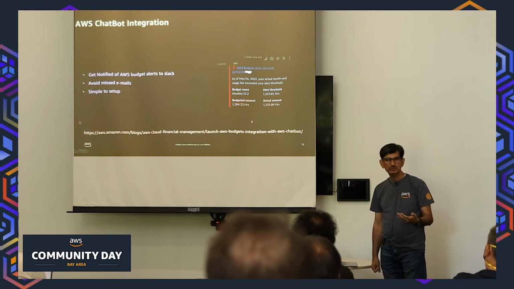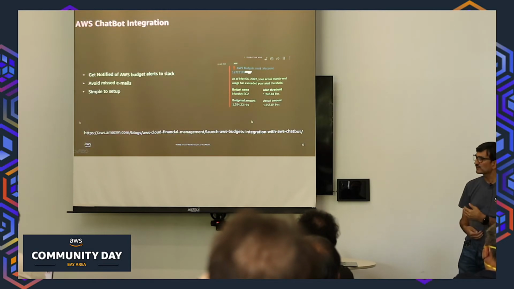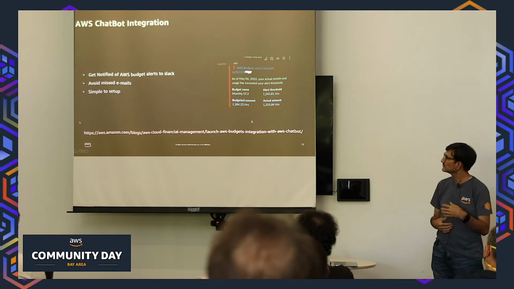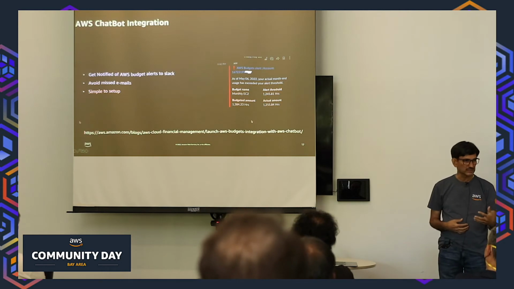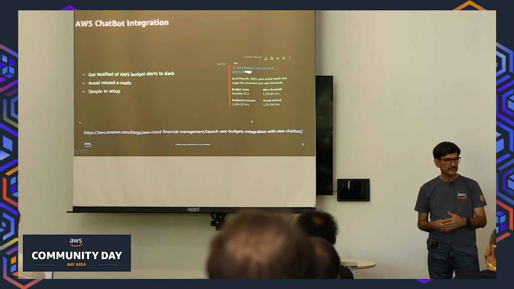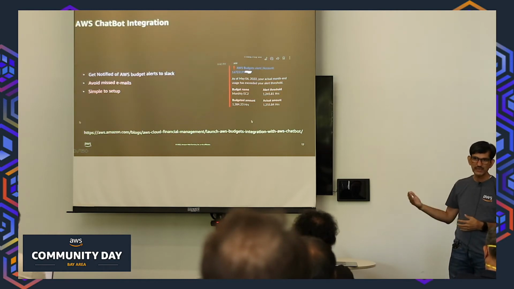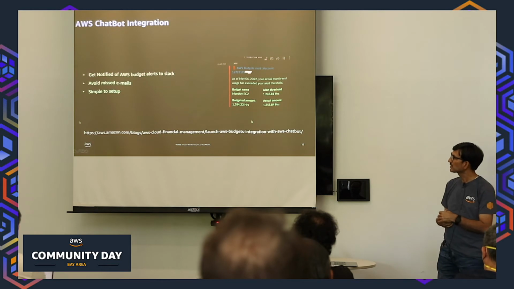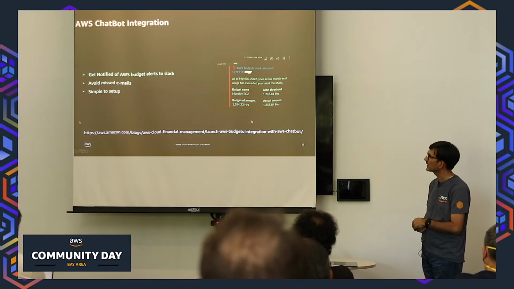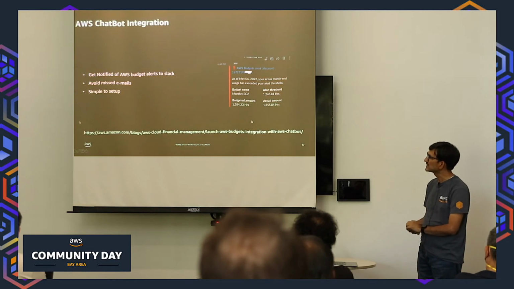This is Chatbot. Chatbot is a newer tool AWS is providing that would help you integrate the budget alerts with your third-party tools like Slack. And you can use some of the APIs and extend it. So we recommend our customers start looking into chatbots, and that can help you avoid missed emails.